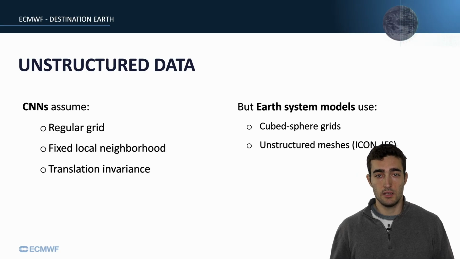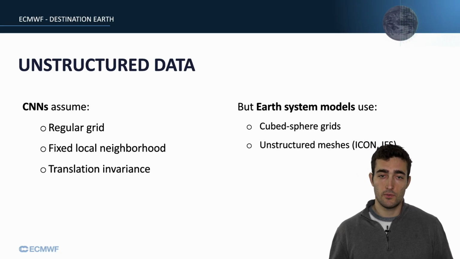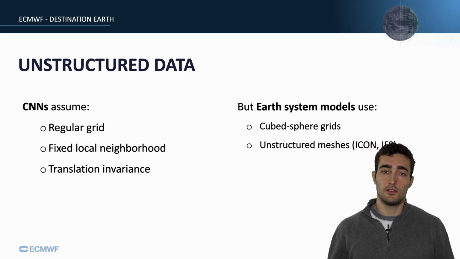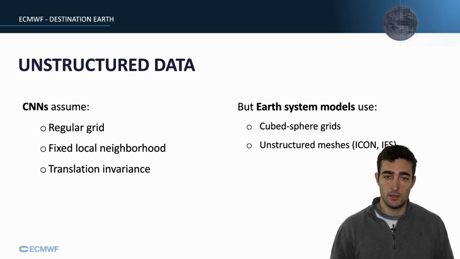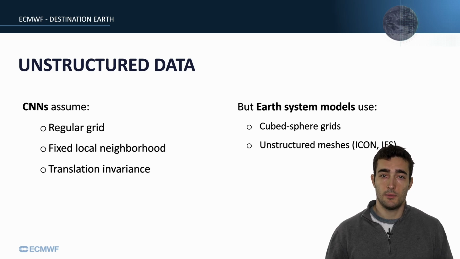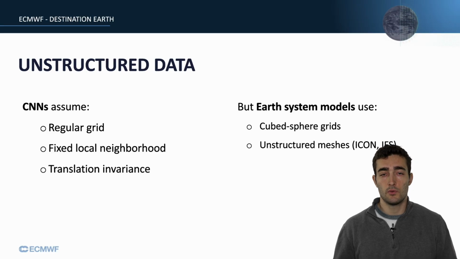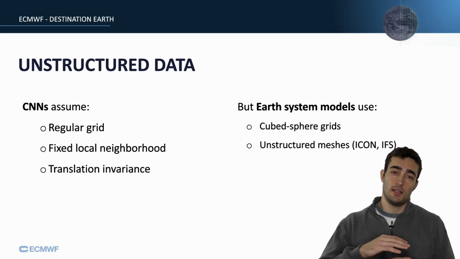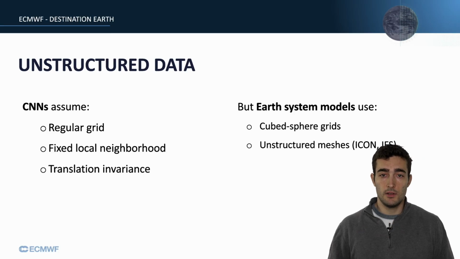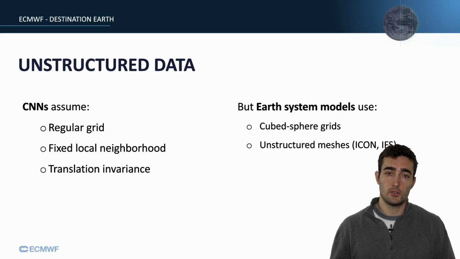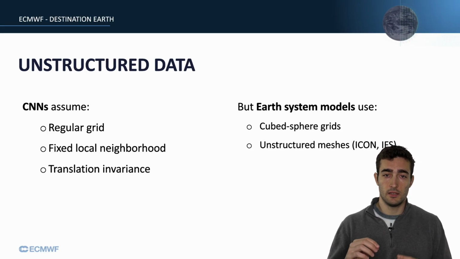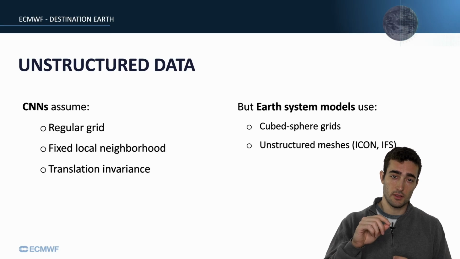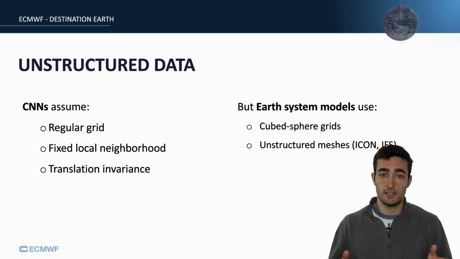Some of these assumptions may be useful for a lot of use cases, but there are use cases where they don't apply. One of these is Earth science models, where we have a spherical grid that can have multiple levels, like model levels, pressure levels, and also, in the case of the sphere, the important part is that we will have singularities at the North Pole and the South Pole, and also at the lateral boundaries.